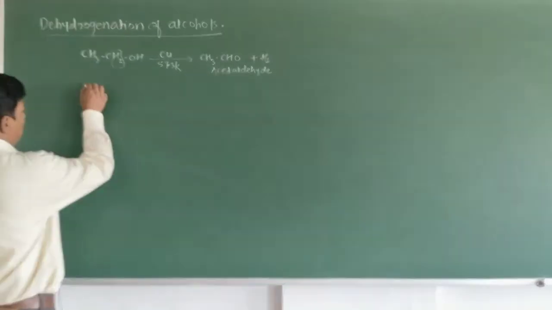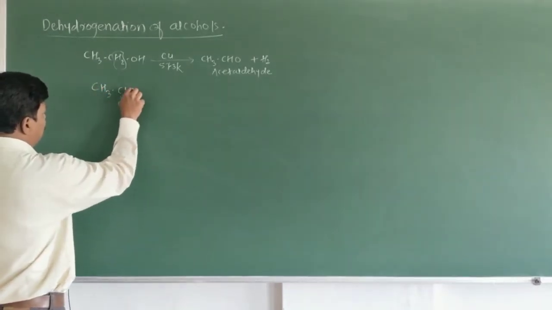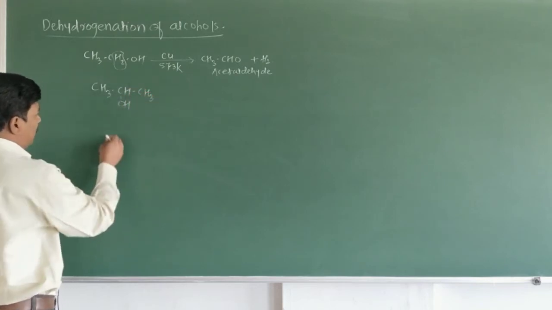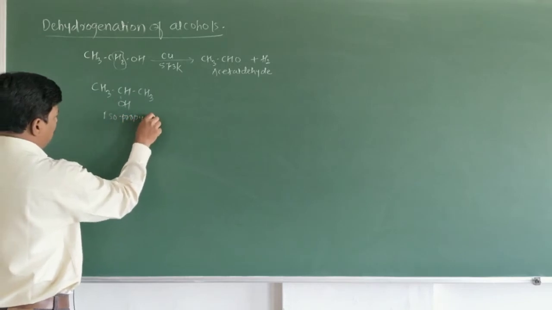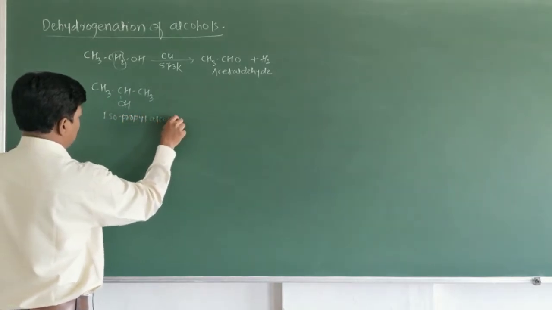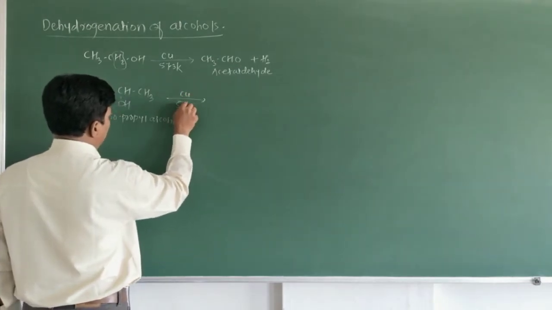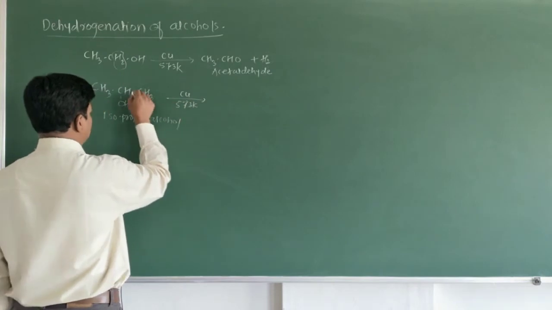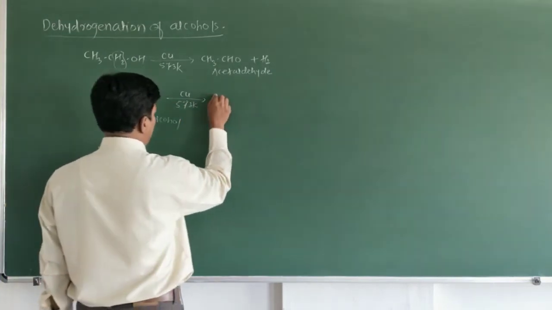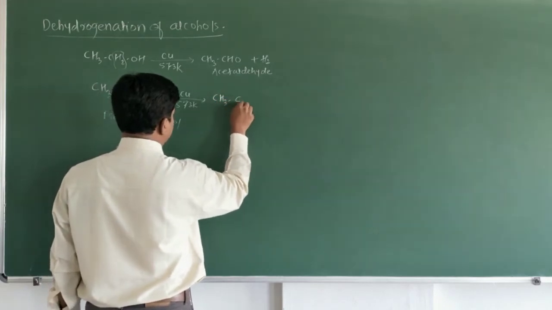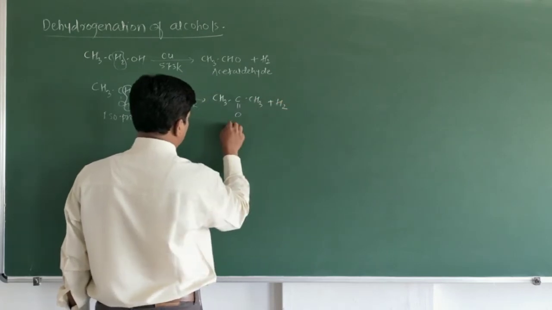Means here primary alcohols, when passed over heated copper at 573 Kelvin temperature, form acetaldehyde. Now we will take the second example from the secondary alcohol, and the alcohol is isopropyl alcohol. The vapors of this isopropyl alcohol again pass over heated copper at 573 Kelvin temperature, and again dehydrogenation takes place to form CH3 C double bond O CH3, which is nothing but acetone.